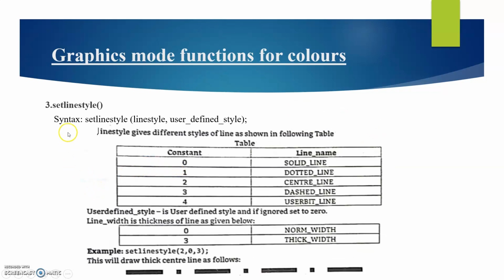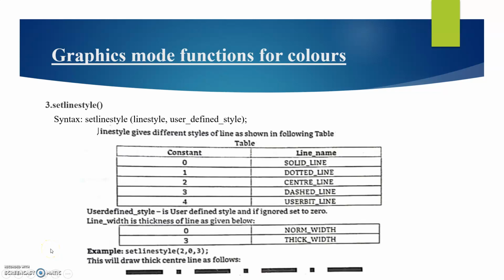Next is the setlinestyle graphics mode function. It specifies the thickness of the line to be drawn. These styles are not used for circles. The syntax is setlinestyle(line style, user defined style, line width); where the line style gives different symbols of a line as shown in table 1, and the user defined style is a user defined style, and if ignored is set to 0.